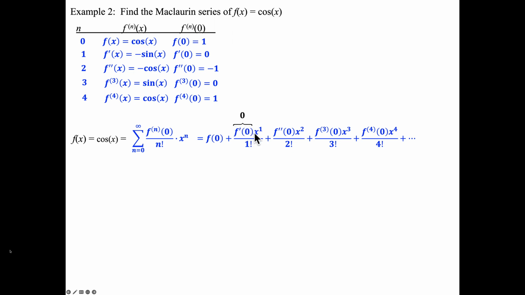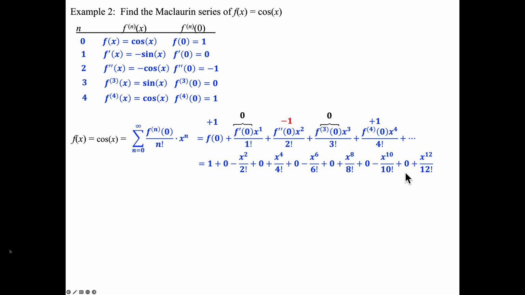Well, 0 times anything is going to cancel. So this term's a 0, this term's a 0. The next one over here, the fifth derivative would be 0. So I have 1, then a -1, then a 1.